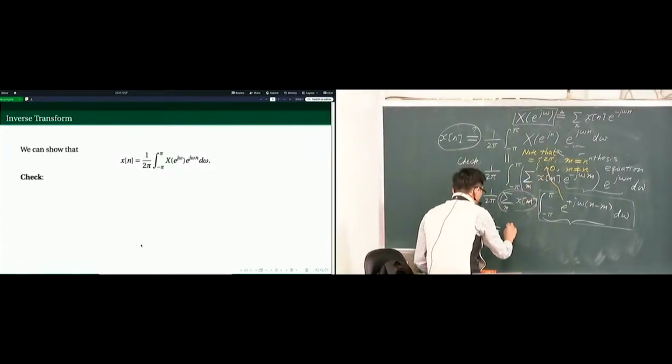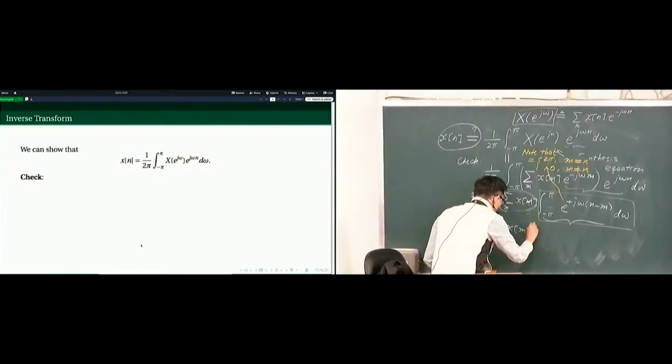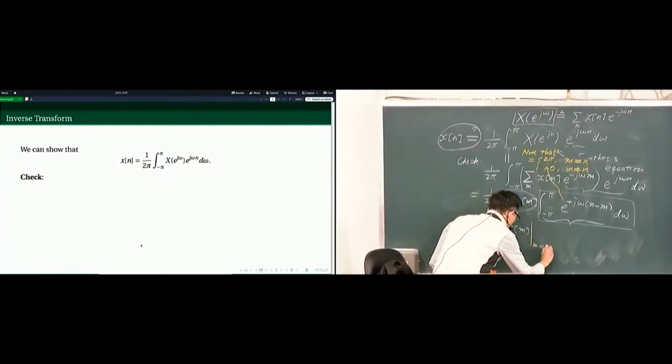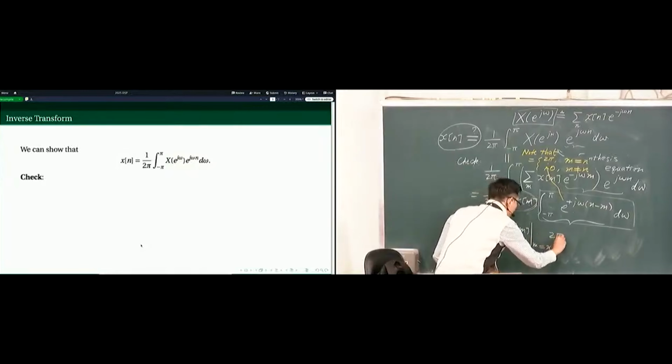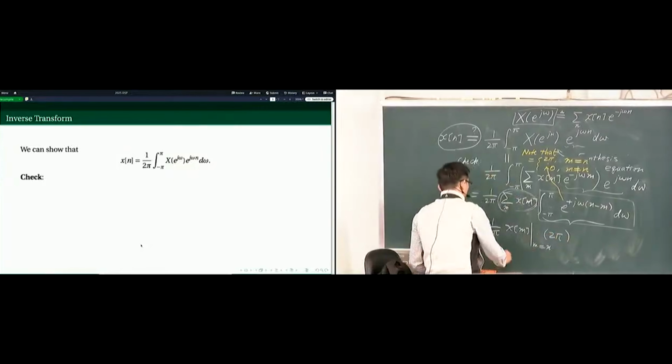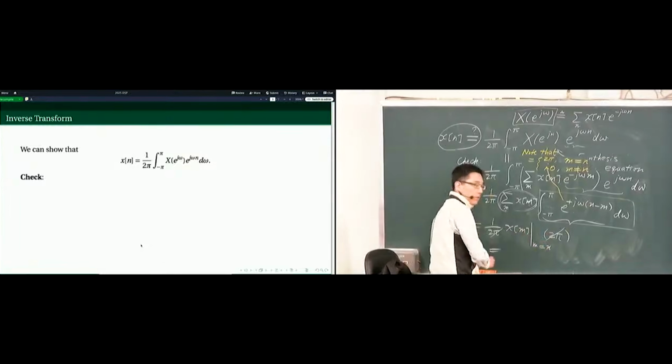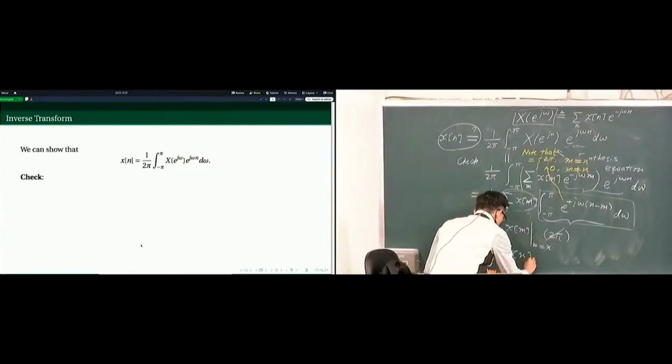So when x m at m equals n, the result of integration is 2 pi. Therefore, indeed, 2 pi cancels 2 pi, and the result is x of n for any n.